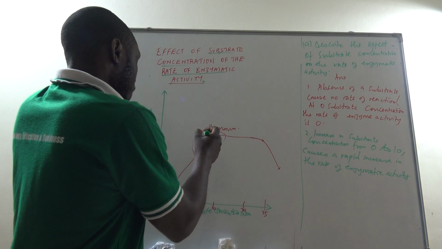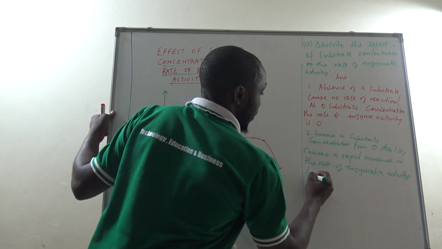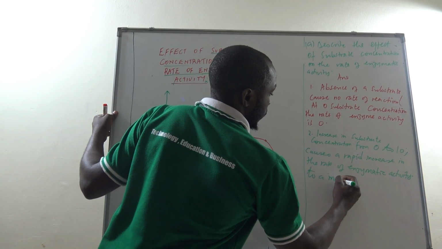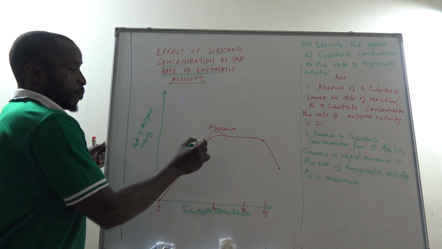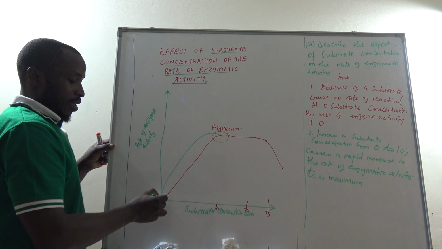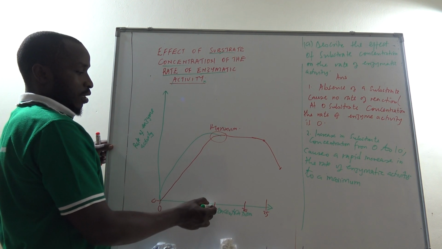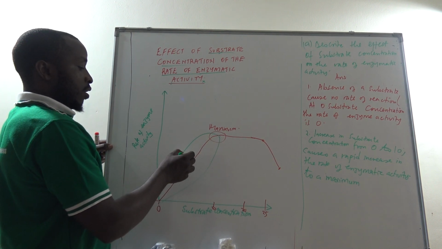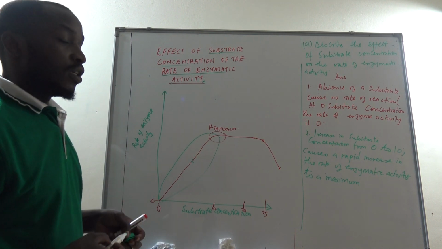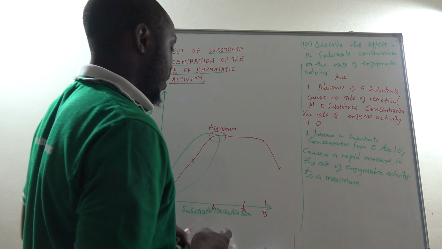We can even report this to a maximum. So we shall have reported this point here, that from 0 to this, increase in substrate concentration causes increase in the rate of enzymatic activity.